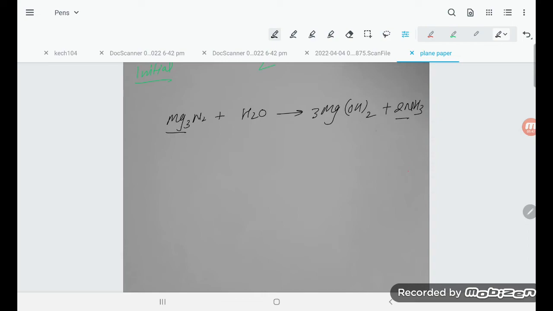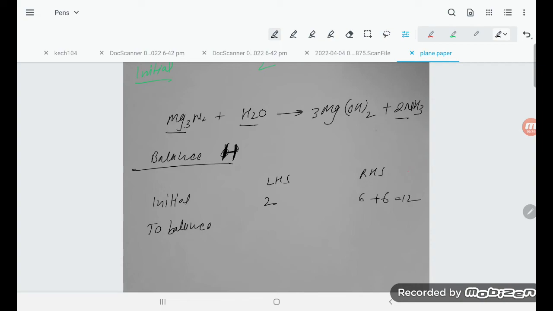Remaining are hydrogen and oxygen. It is better to balance hydrogen, because it comes more number of times. On the LHS only 2 are there, and on the RHS 3 twos is 6 plus 3 twos is 6, so 12 are there.